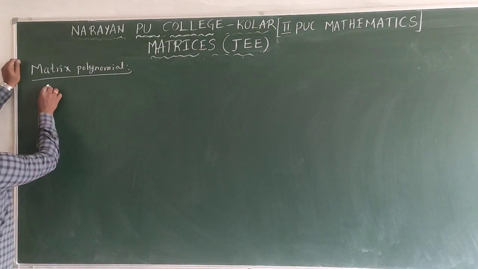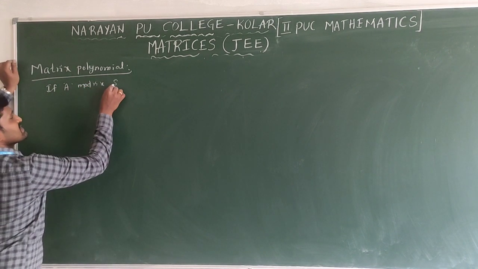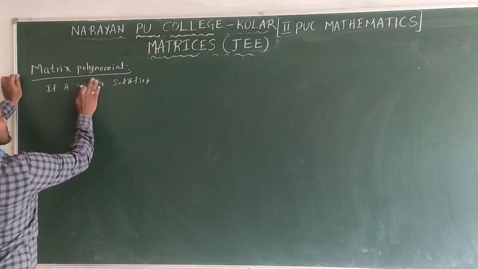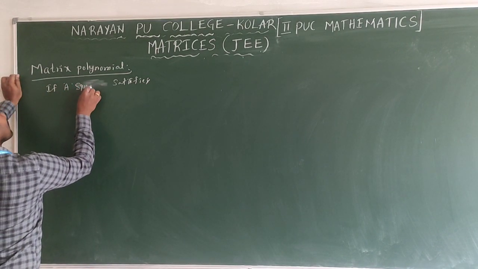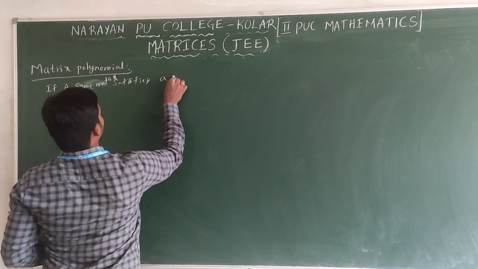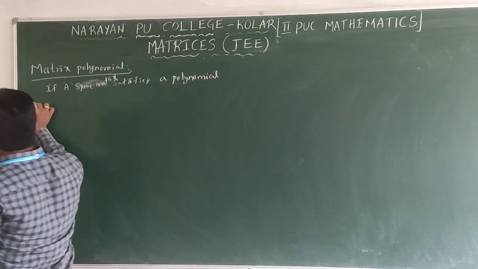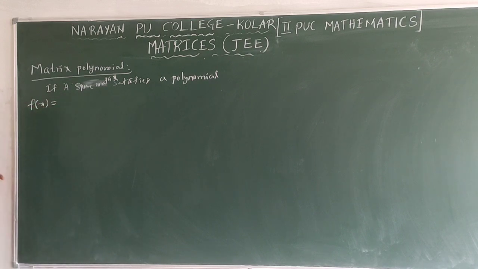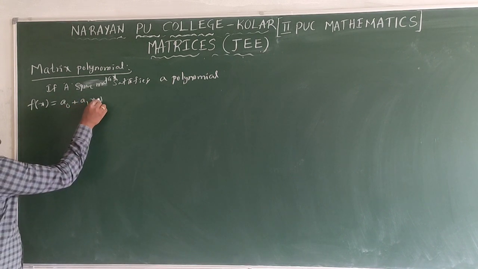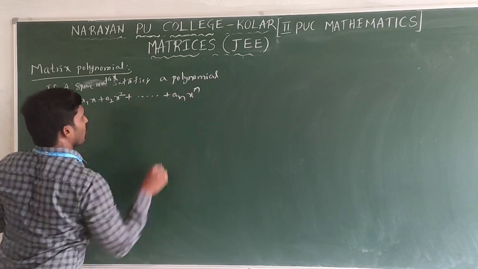If a square matrix satisfies a polynomial equation, f of x equals a general form of polynomial a0, a1 x, a2 x square, and so on, an x power n.